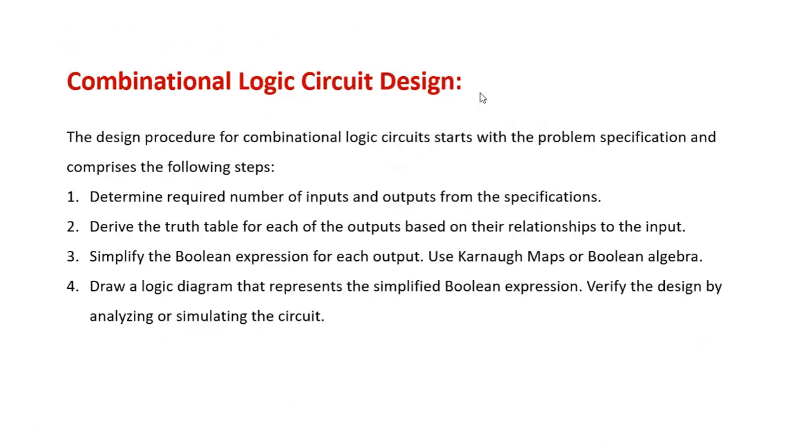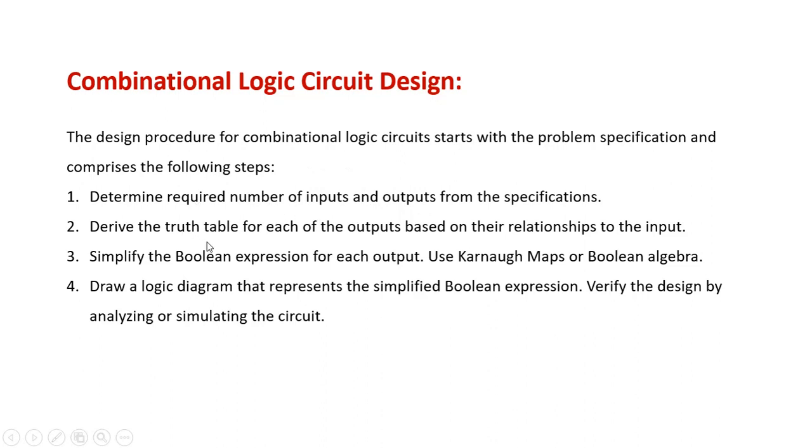Now, how to design a combinational logic circuit? There are a few steps. First of all, you will be given some problem specification, that for this problem you have to design a combinational circuit. According to the problem specification, you have to determine how many inputs and outputs you require.